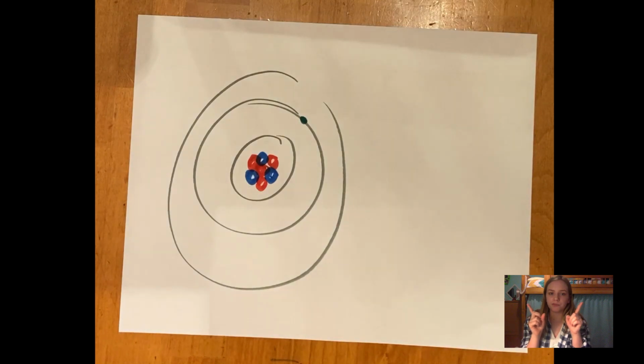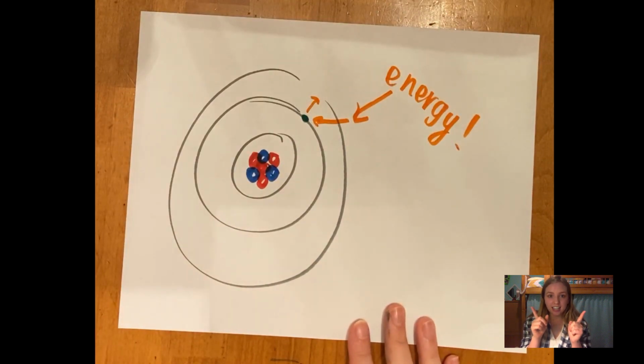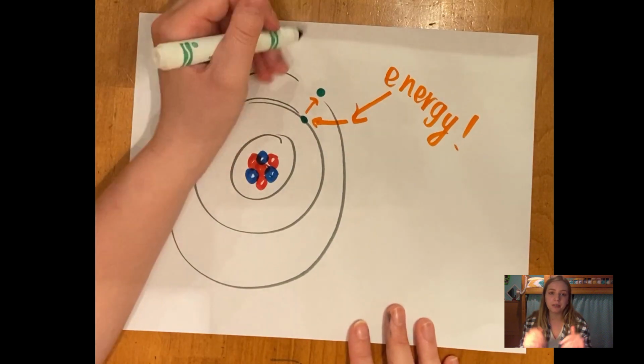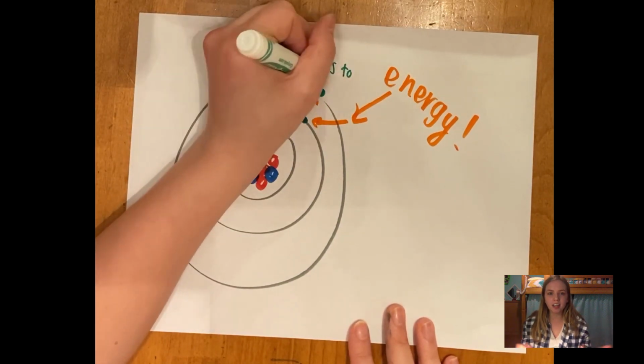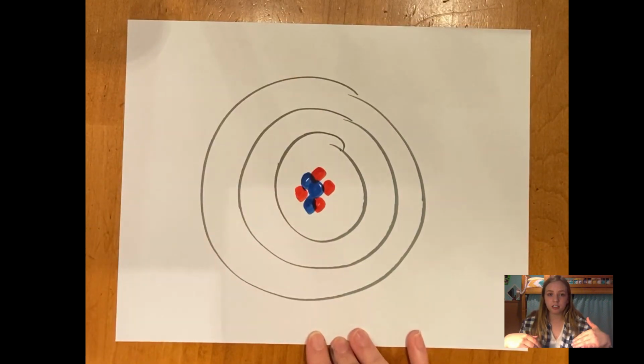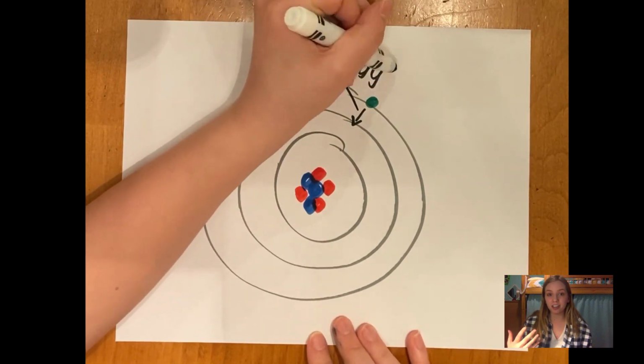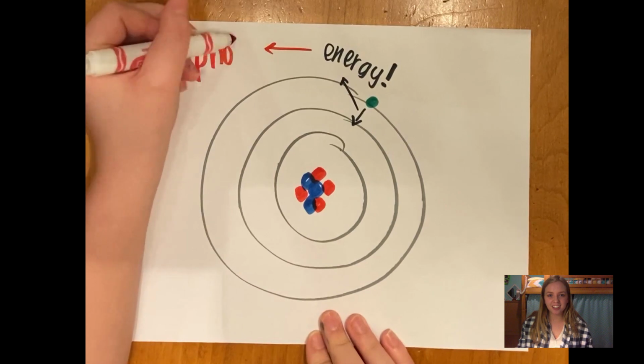excited states. But nature doesn't want to be in an excited state. It wants to be in equilibrium. It wants to be in its normal place. So the nitrogen and the oxygen actually release that energy, and they release it in the form of photons, otherwise known as packets of light.